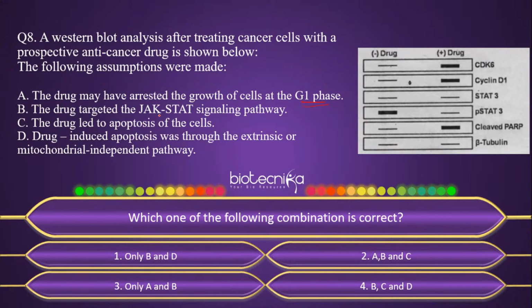The drug might have targeted the JAK-STAT signaling pathway. The drug led to the apoptosis of the cell. And the last option is that drug-induced apoptosis was through the extrinsic, or you can say mitochondria-independent pathway. So look into the picture, find out the correct combination.